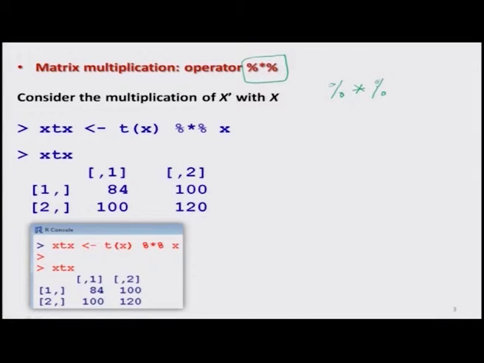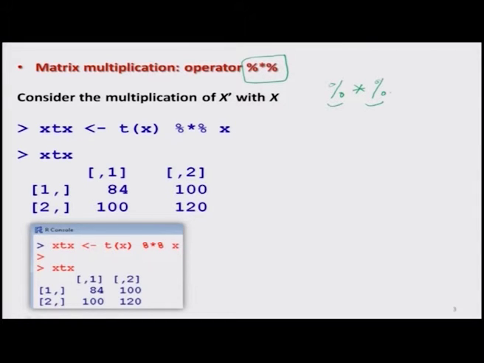So the multiplication sign is enclosed inside two percentage signs. This will indicate that this is a matrix multiplication. If you do not use this percentage sign, then it means that this is a simple multiplication, or only a multiplication of a scalar with a matrix.